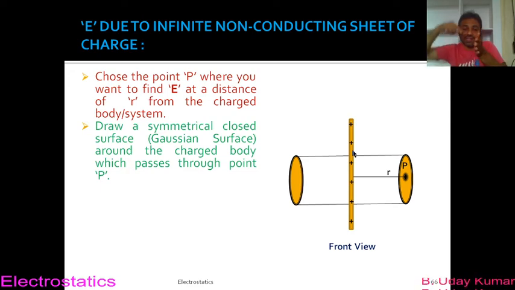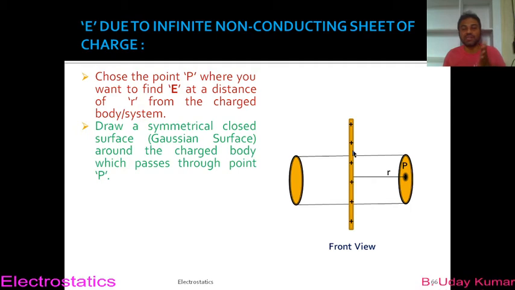If the cylinder is taken vertically, what happens? It will not be symmetrical. Remember, the curved surface will be like this. But if you take the cylinder horizontally, it becomes symmetrical. Please try to get it, because it's a sheet of charge, not a line. It completely depends on your imagination.